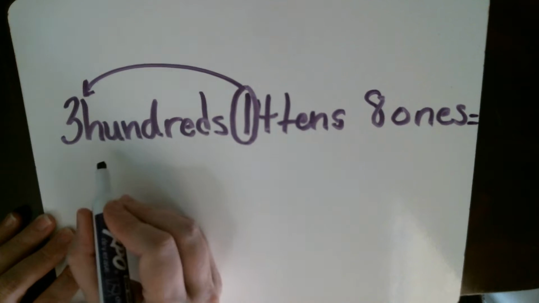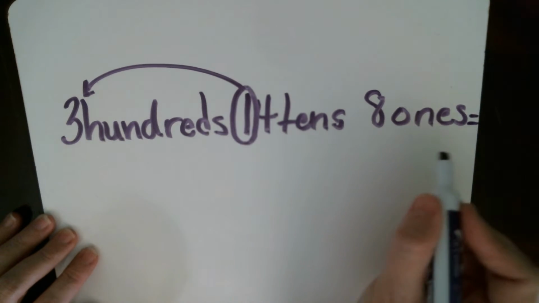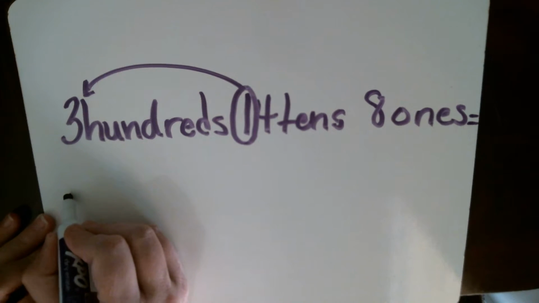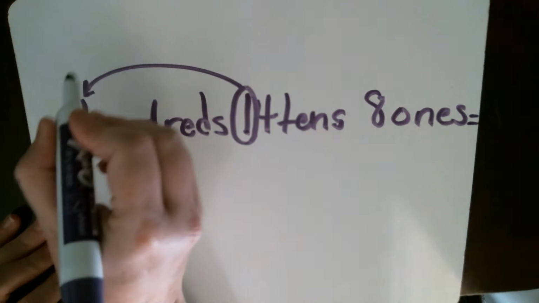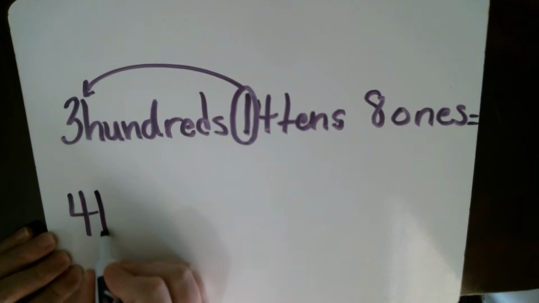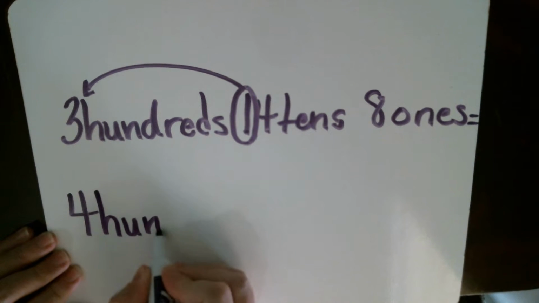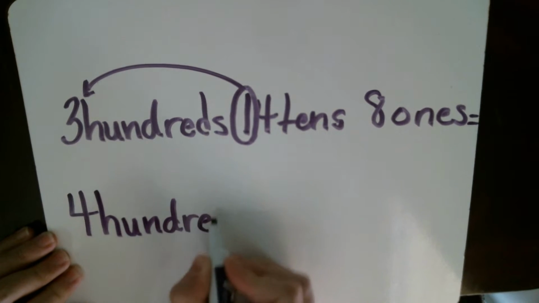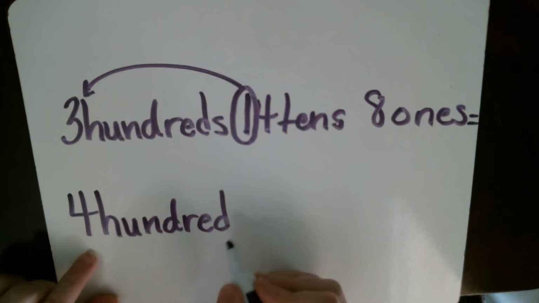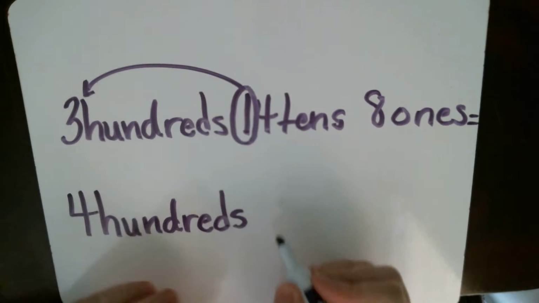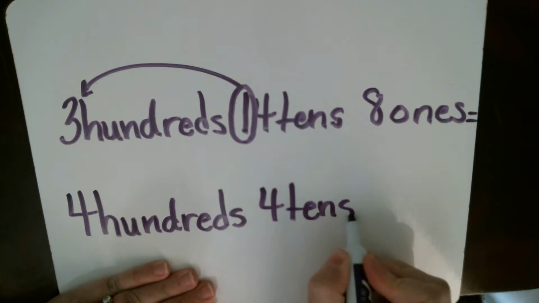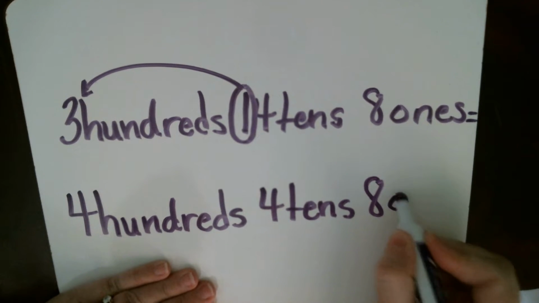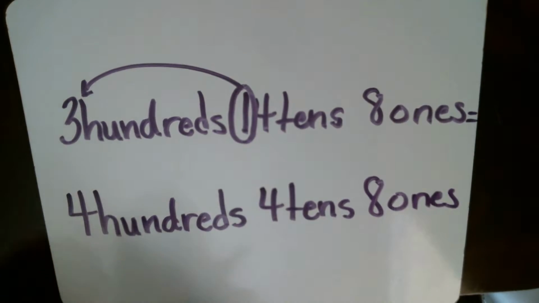So 300s, 14 tens, 8 ones is the same as 400s because I moved those 10 tens. I made 100 out of those. Plus the 300 that were already there are 400s. I still have 4 tens in my tens place, and I didn't touch my ones, so I still have those 8 ones there. Okay, so those are equal to each other.